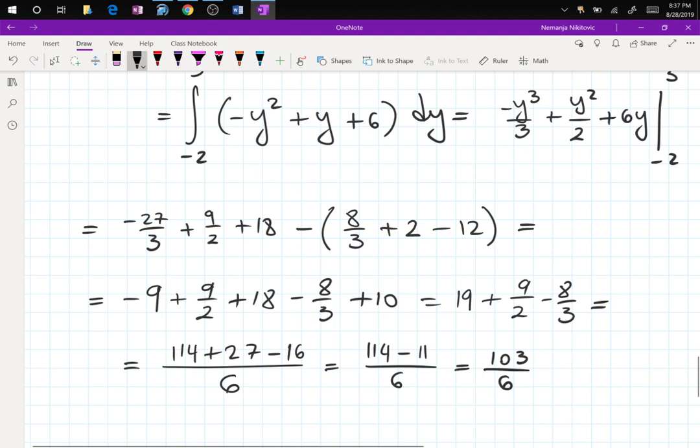103 divided by 6. Now, you can divide this using a calculator and get a decimal, and then if you care, carefully graph this and literally count the squares.